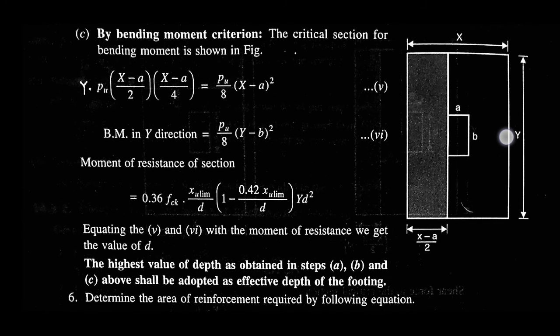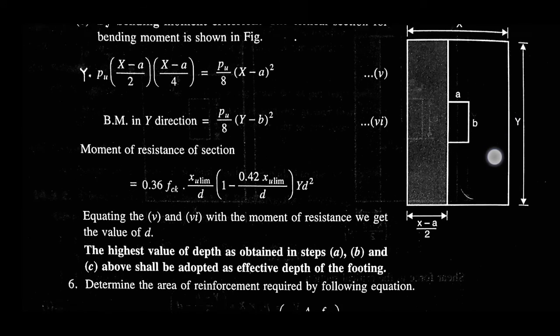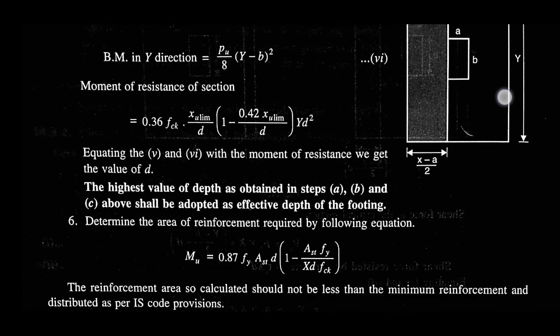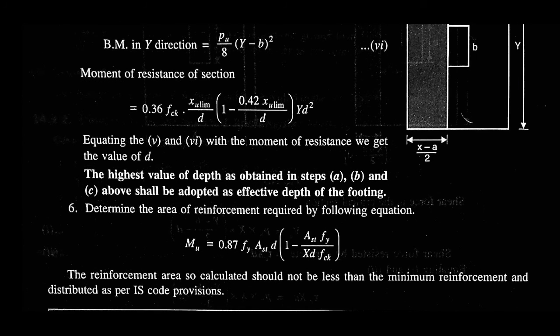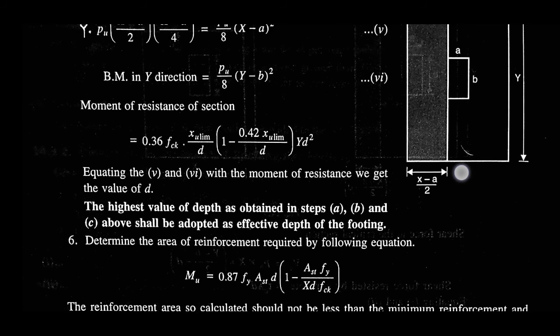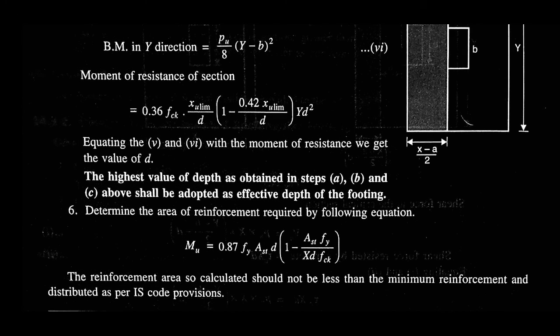Now the moment of resistance of the section is equal to 0.36 fck into xu limit by d within bracket (1 minus 0.42 xu limit by d) into y d square. Right. So equating equations 5 and 6 with the moment of resistance, we get the value of d.